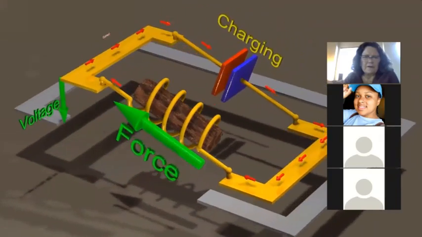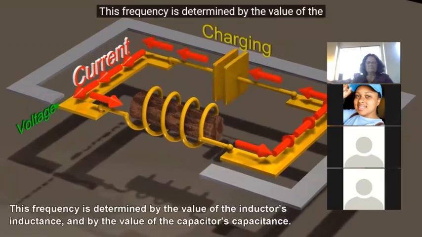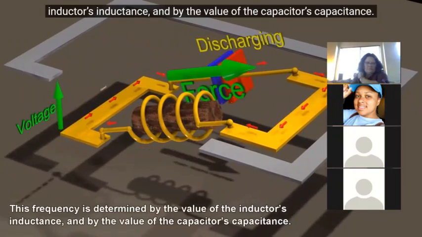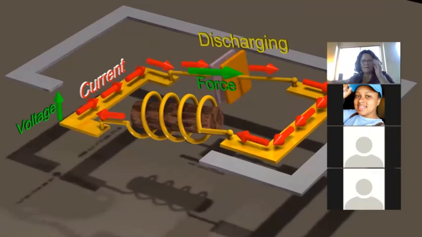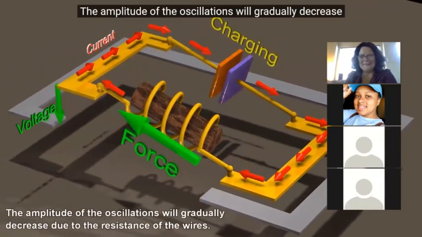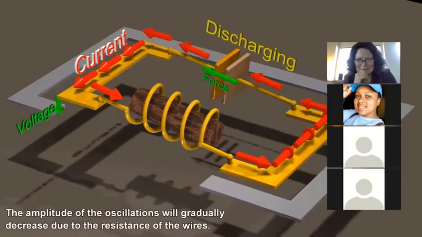Like one of my favorite extra credit questions. This frequency is determined by the value of the inductor's inductance and by the value of the capacitance. It's 1 over root LC. It's always 1 over root LC. Sorry.